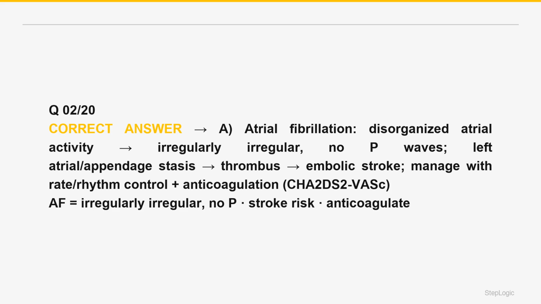And two, preventing stroke with anticoagulation, warfarin or DOACs, with the decision guided by the CHA2DS2-VASc score. The irregular, no-P-wave rhythm with embolic stroke risk requiring anticoagulation is atrial fibrillation.